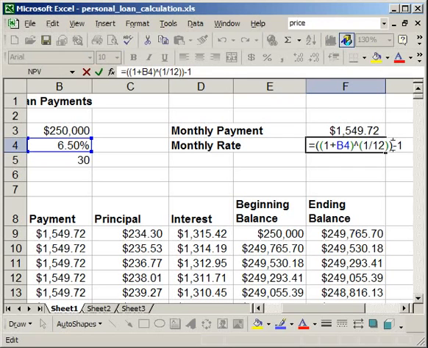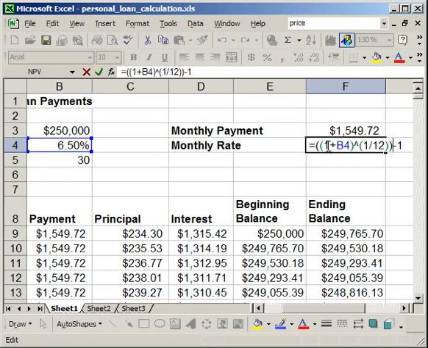So it's 1 plus the interest rate raised to the power of 1 divided by the factor, or the number of periods in 1 year, minus 1. A little bit confusing.